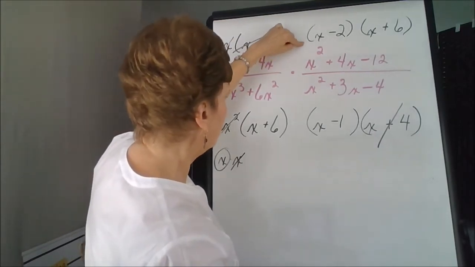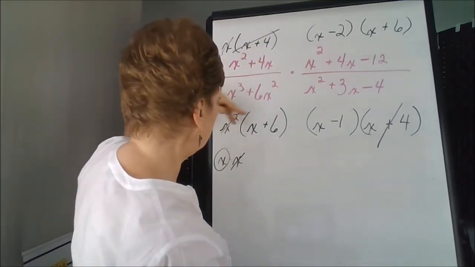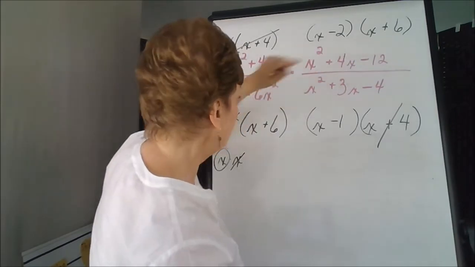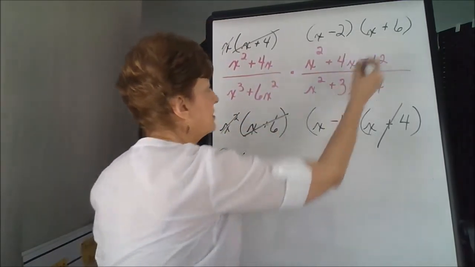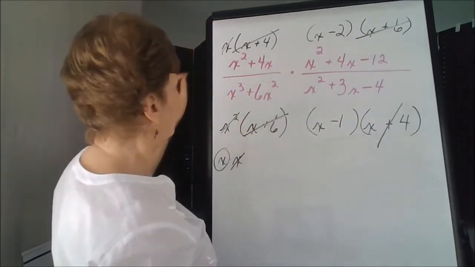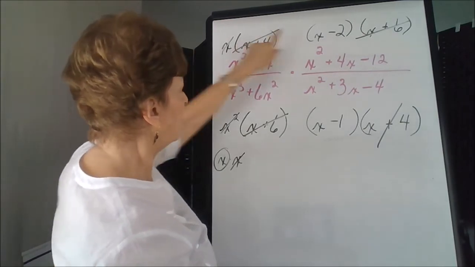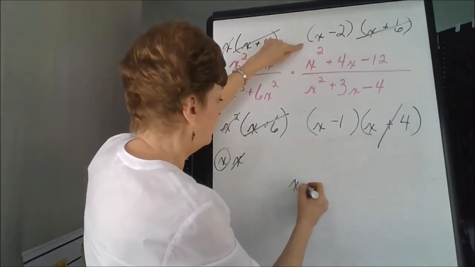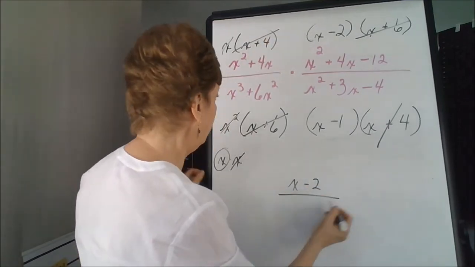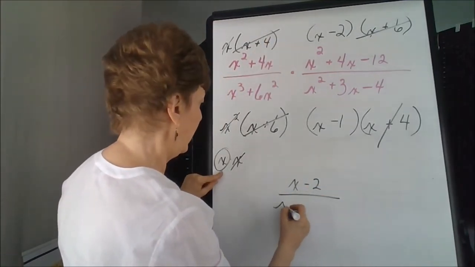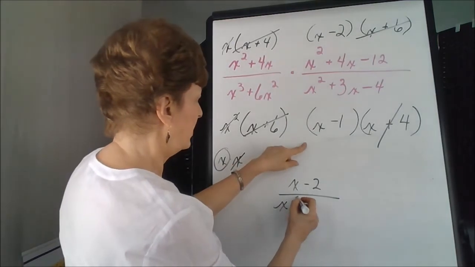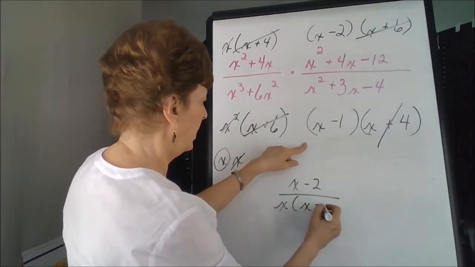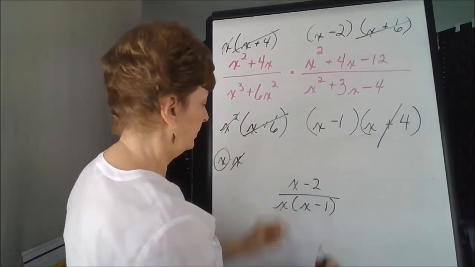And our x plus 6, here's that one. So now when we multiply our tops and our bottoms, we've got x minus 2 divided by, here's an x, here's an x minus 1.